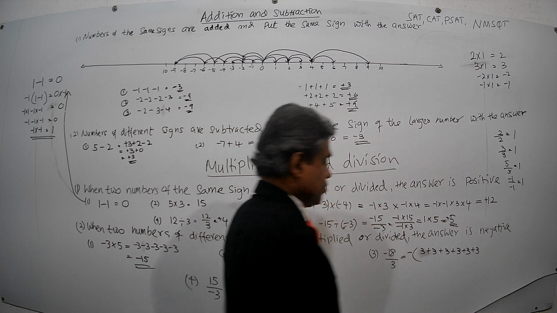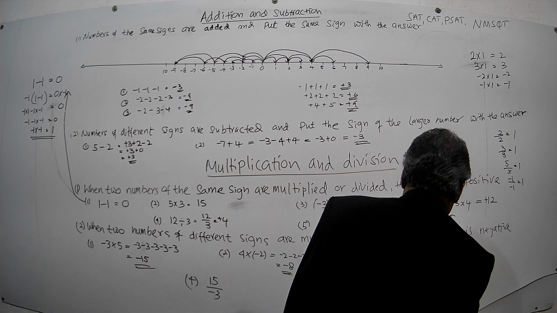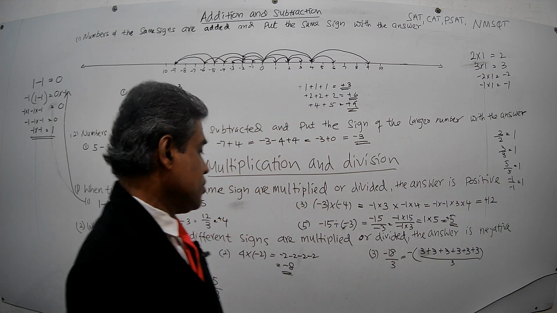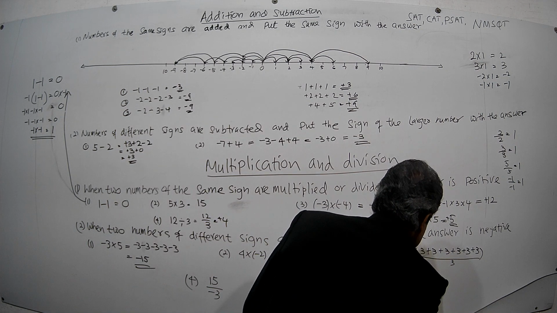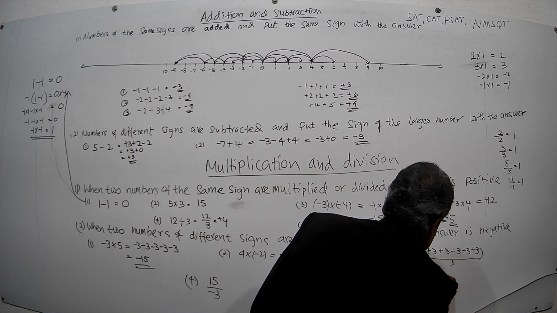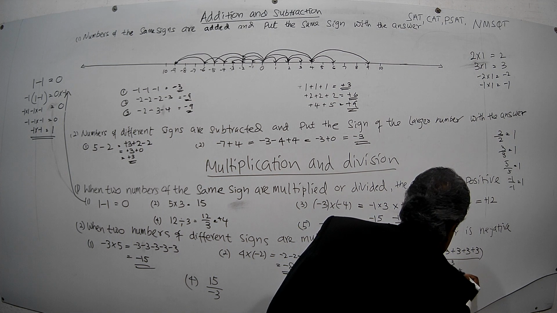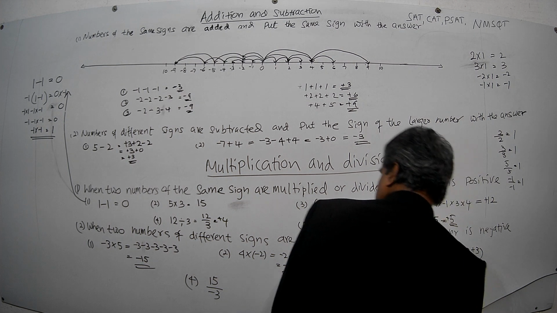Then you divide all of that by 3. You can write this with the negative sign as 3 divided by 3 plus 3 divided by 3, and so on, six times.